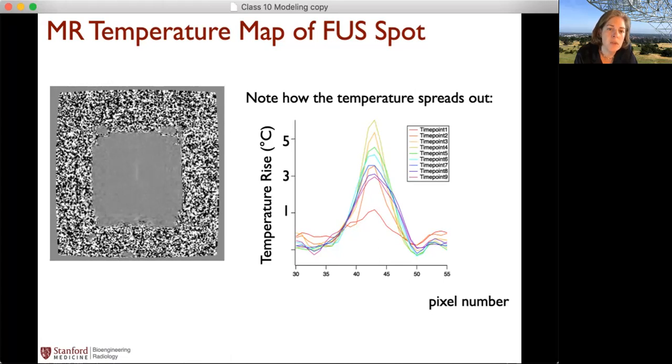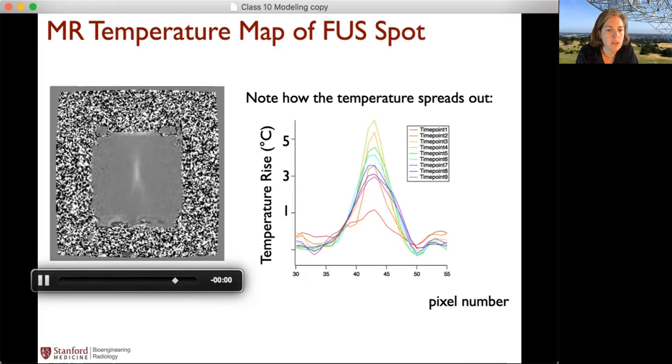Then it goes up to its highest point. As it comes down again, it gets broader and broader. The last one is this pinkish color, and that's the broadest one of all, which is really interesting to me, because that's outside of where the ultrasound is hitting it. What's happening is that the heat is moving out.